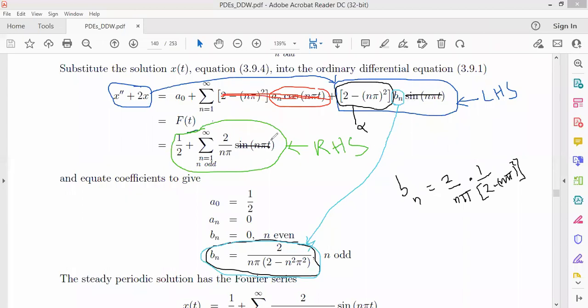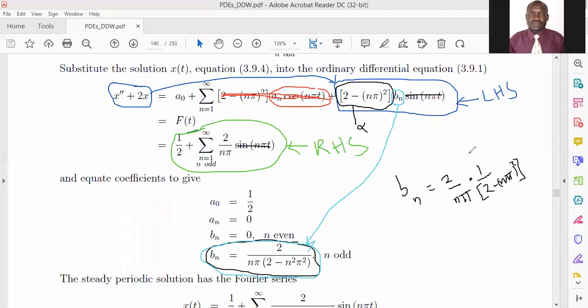And remember, it is a half. Remember, these ones have already disappeared. You got it as your x naught, which was a half, the xt, the generic form of x. Remember, this is x prime prime plus 2x. But in the representation of x, we are going to substitute the Bn with this. And if you allow me, we go to the representation of x.